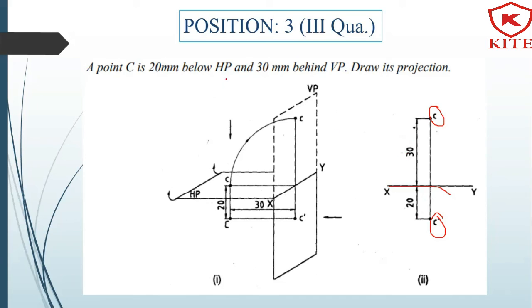Based on the dimensions, this is 20 mm below HP, so this is your height H, and 30 mm behind VP, so this is your distance D. So the point in the third quadrant is minus 30 and minus 20.